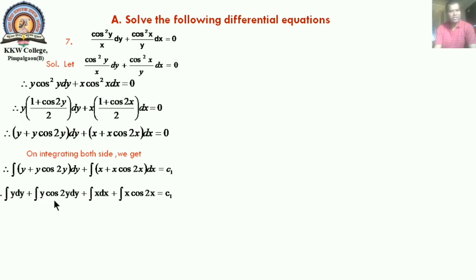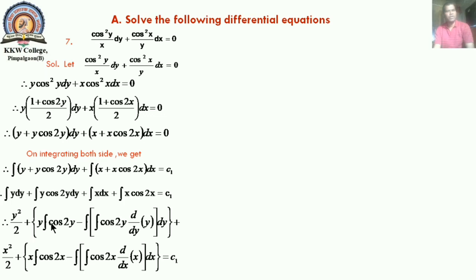Using the ILATE rule, y is an algebraic function and cos 2y is a trigonometric function, so algebraic function first and trigonometric function next. So using that sequence, integrating y cos 2y using the product rule: the first function y keep as it is, integration of cos 2y dy, minus integration of the derivative of y into the integration of cos 2y dy.